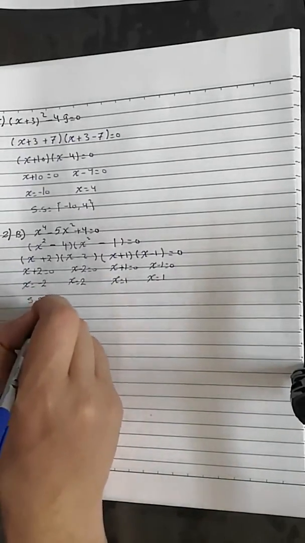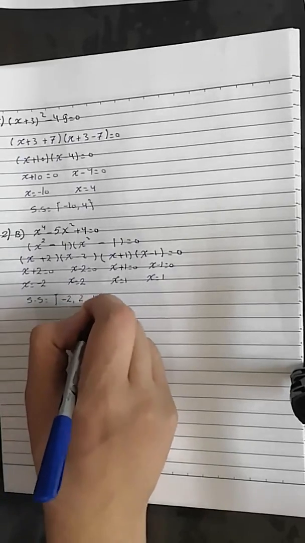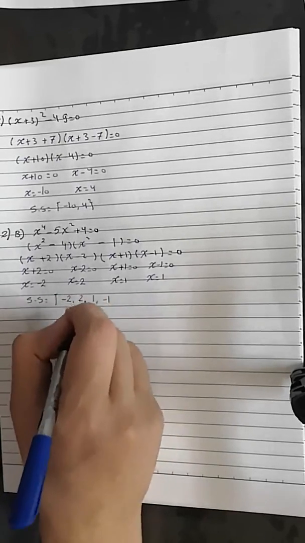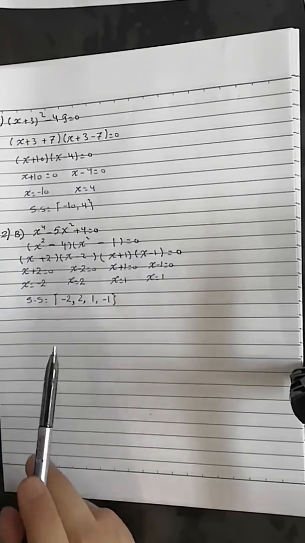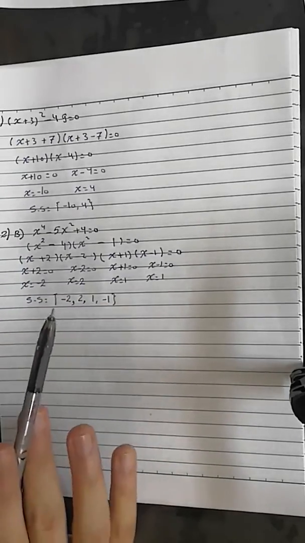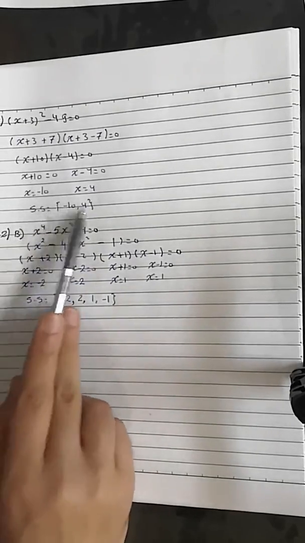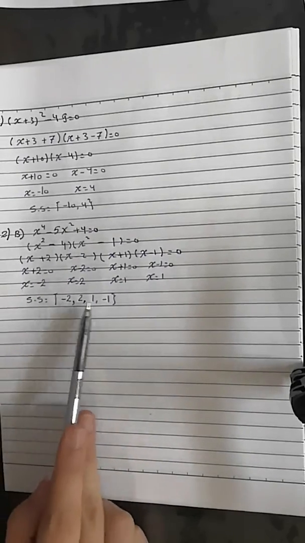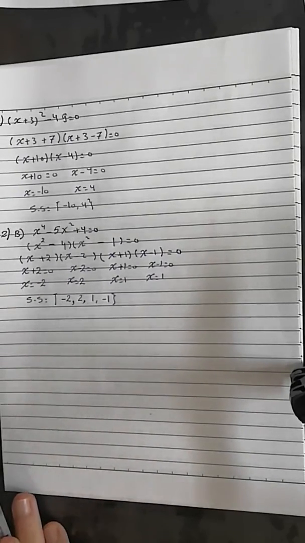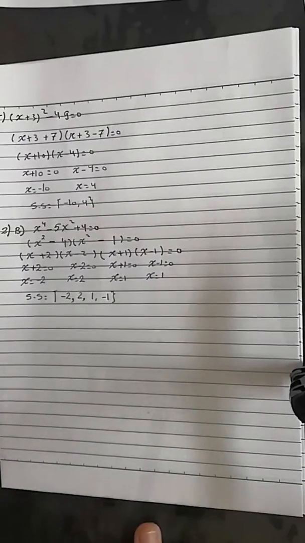Solution set equals negative 2, 2, 1, and negative 1. If our equation is quadratic, power of 2, I must have two solutions. But if it's a power of 4, I must have 4 solutions. If it's a power of 3, we must have 3 solutions, and so on, okay? So concentrate, please.